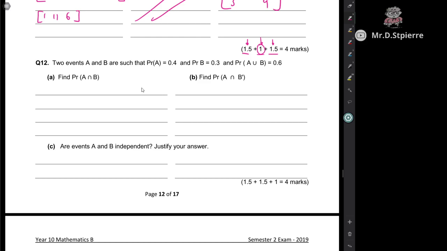Well, the addition rule says that the probability of A union B, and this is on the formula sheet, is equal to probability of A plus the probability of B, take away the probability of the intersect.